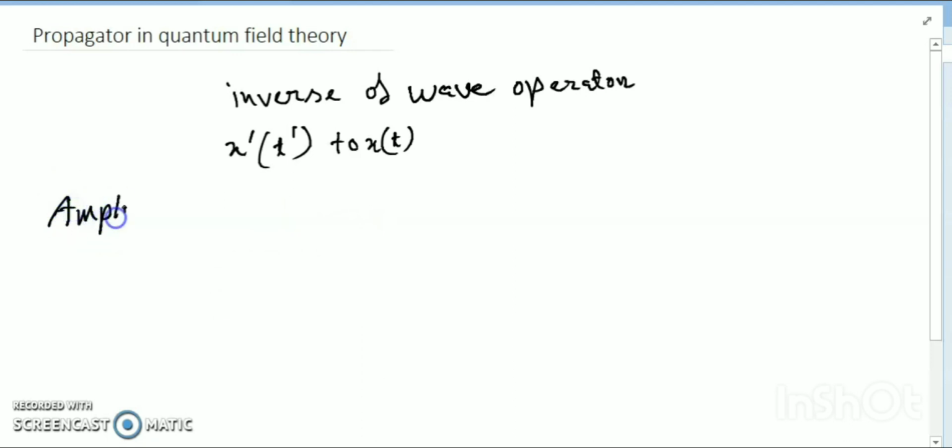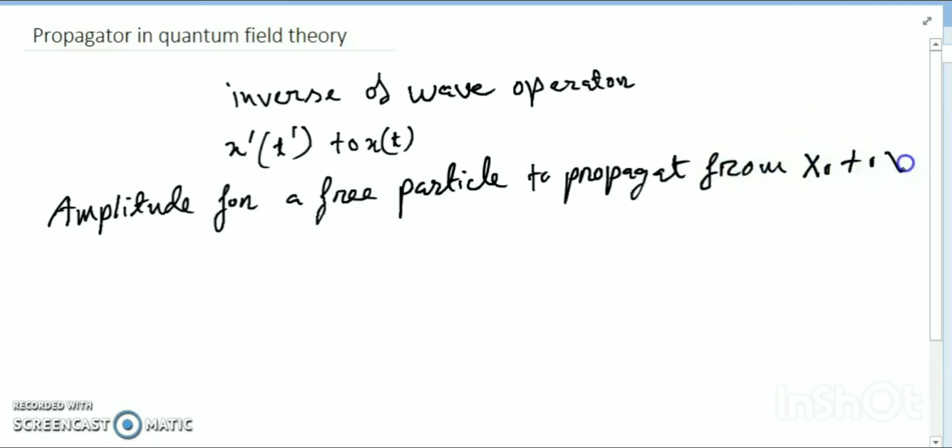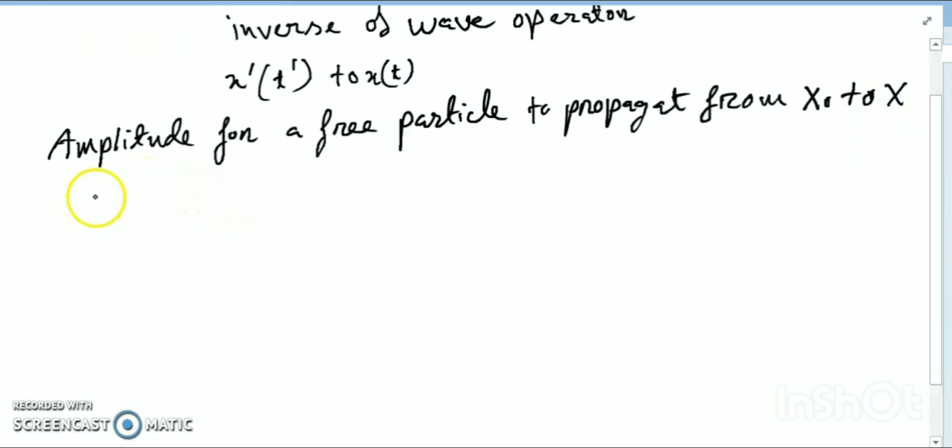Next, U(t). This result is very important.